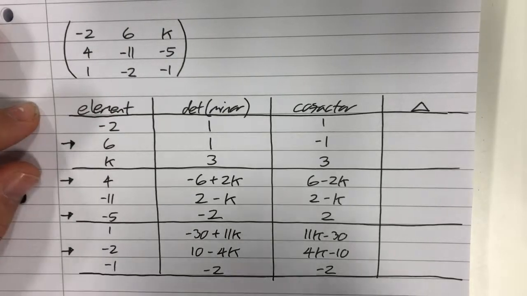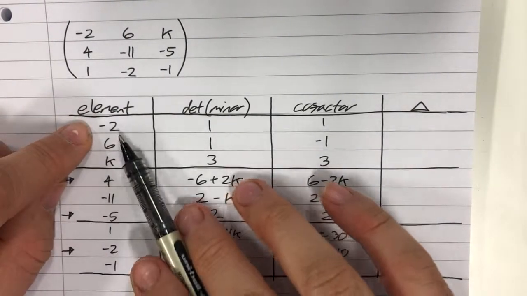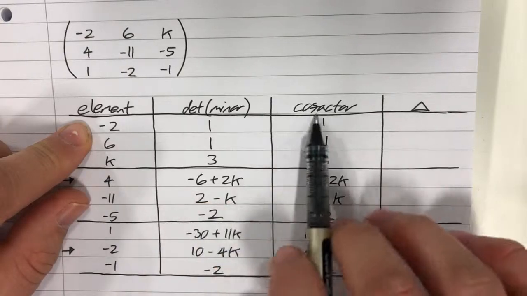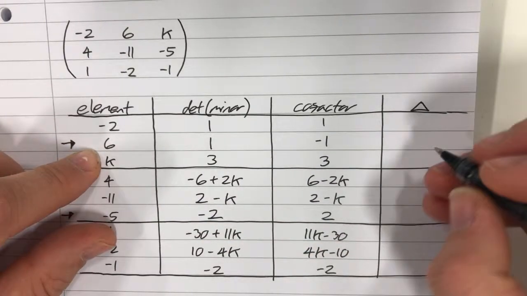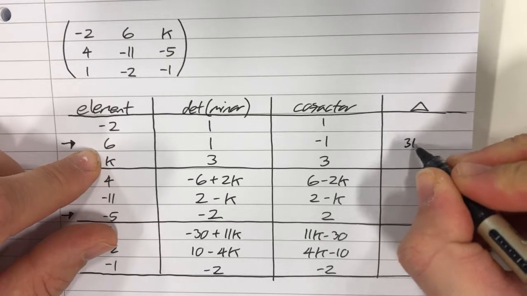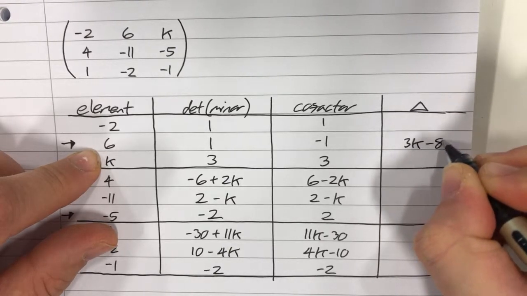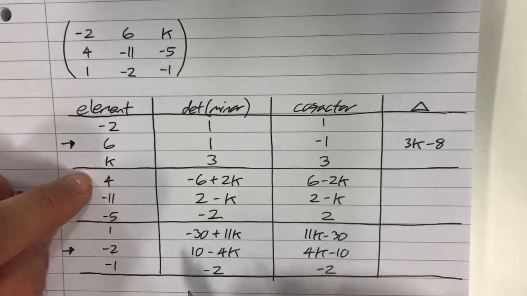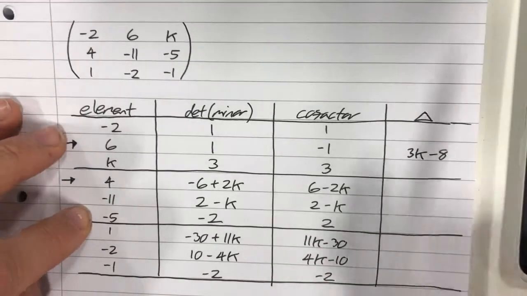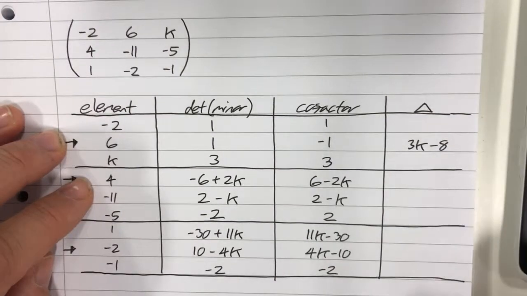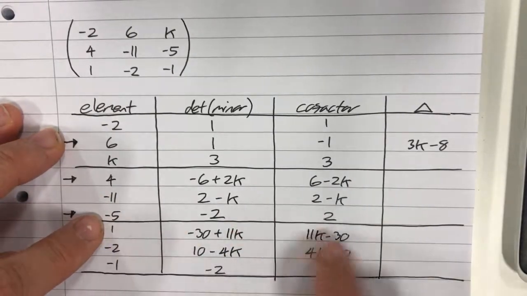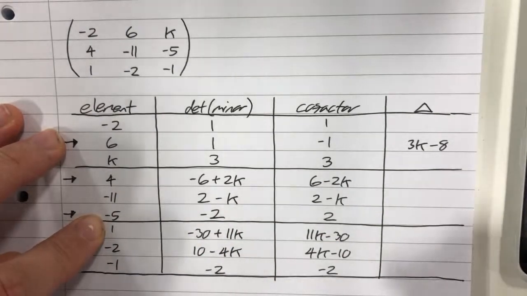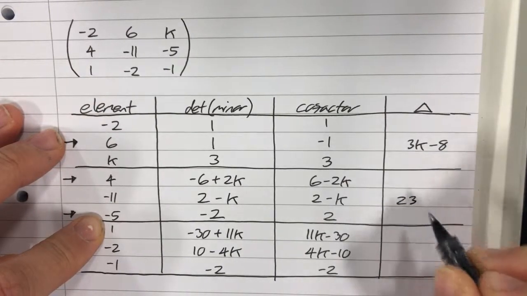And now we can calculate the determinant by doing element times cofactor. So minus 2, minus 6 is minus 8. So I get 3k minus 8. And they should all be the same, hopefully. So 4 times 6 is 24, minus the 22, just in the constant first, plus 10, is 23, so it's not a good start.